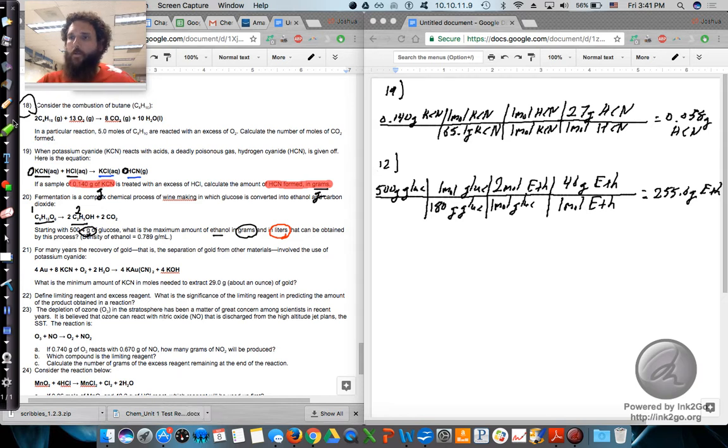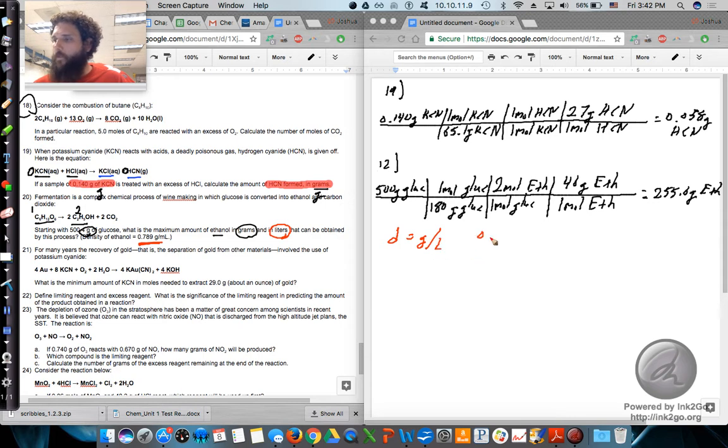Now we need to go to liters of ethanol, because ethanol is going to be an aqueous solution. Well, in this case, I guess we're looking at the liquid version of it, not aqueous. So we're going to go ahead and use the density to figure that out. So density is equal to grams per milliliter.